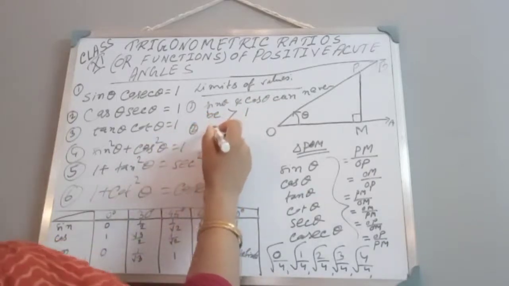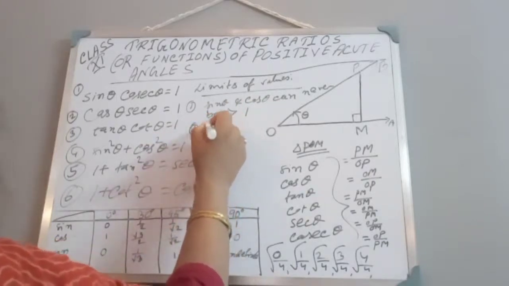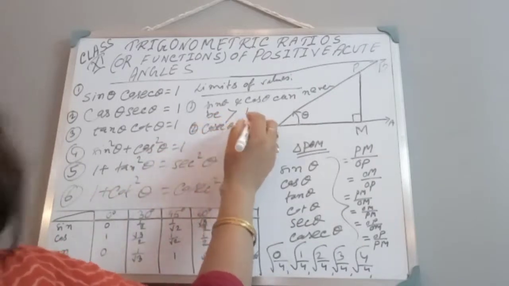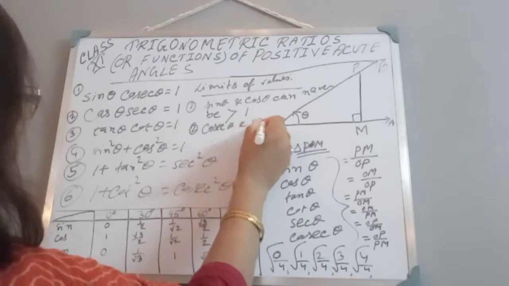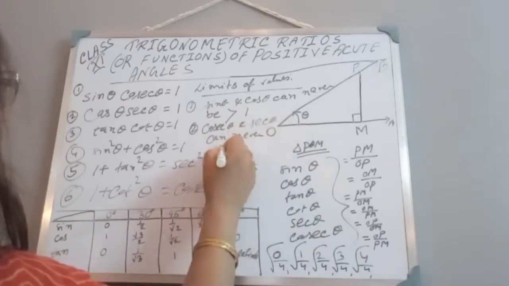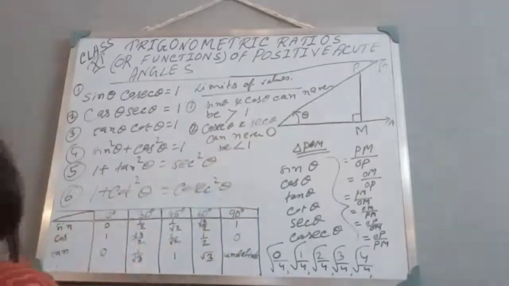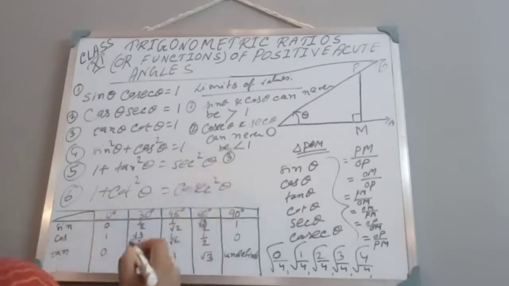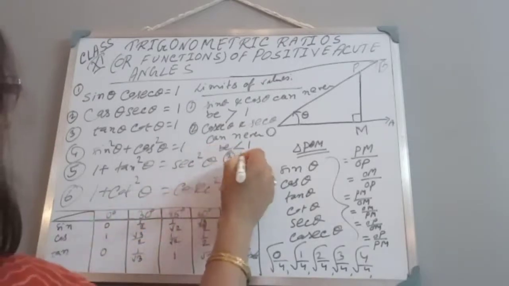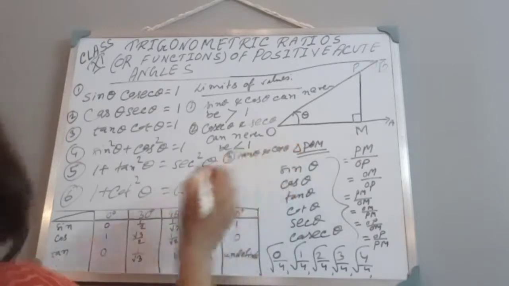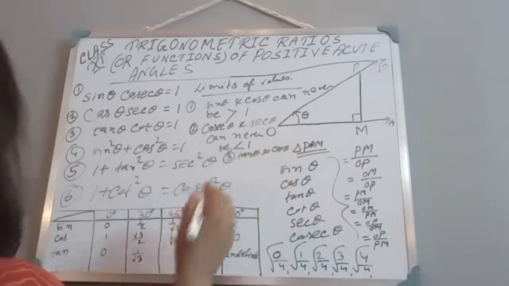Cosec theta and sec theta can never be less than 1. Okay, and number 3. Tan theta and cot theta can have any value.